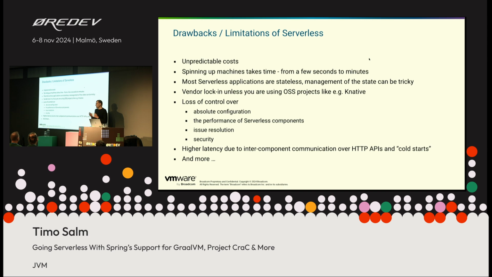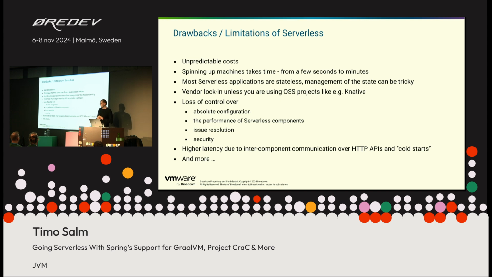But there are a lot of drawbacks. Here are just some on the slide. One I already mentioned is unpredictable costs, especially if you're running on a cloud provider, because there are more or less unlimited resources, which means it can be really expensive.